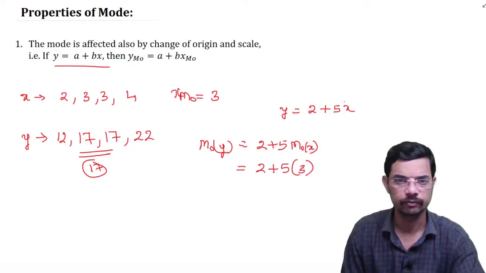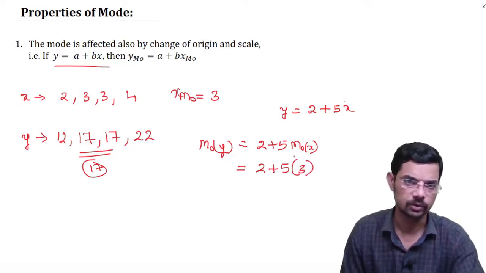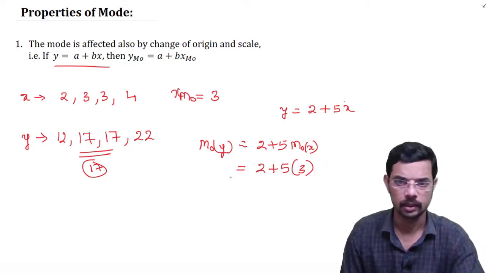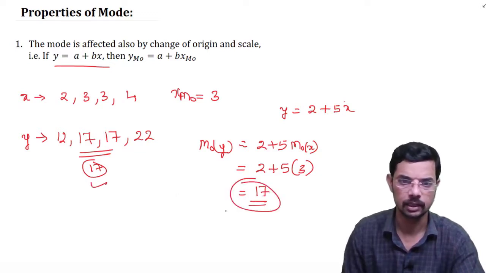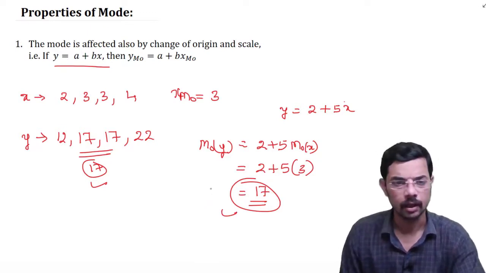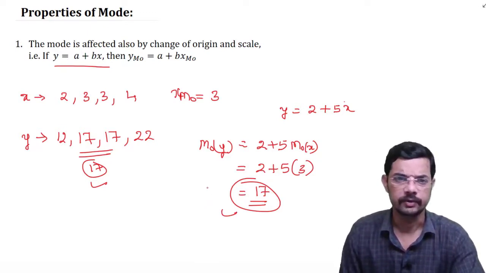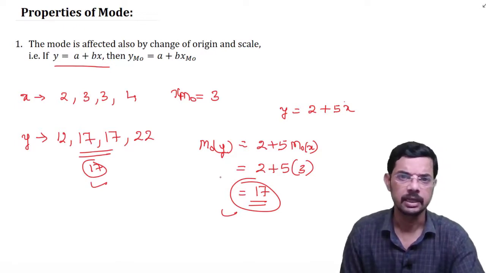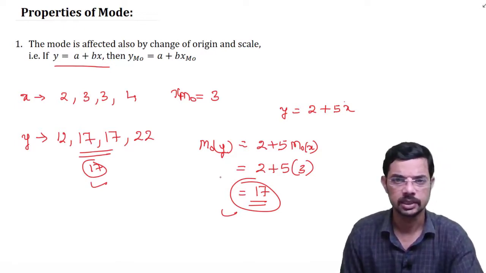So in case we do not have the observations with us, only the mode, then also we can find the new mode. That will be equal to 5 3s are 15, 16, 17. We get 17 here. We can observe that this value and this value are identical. Therefore our mode is affected by change of origin and change of scale.